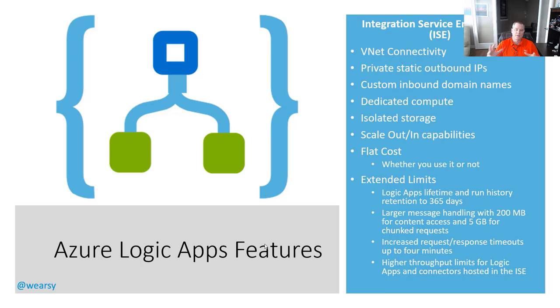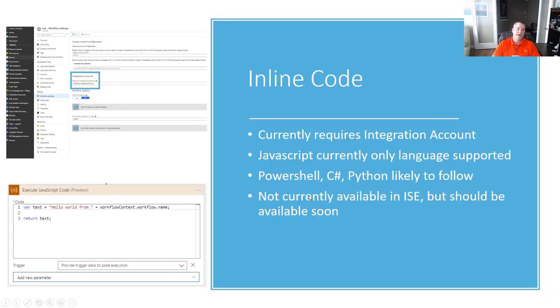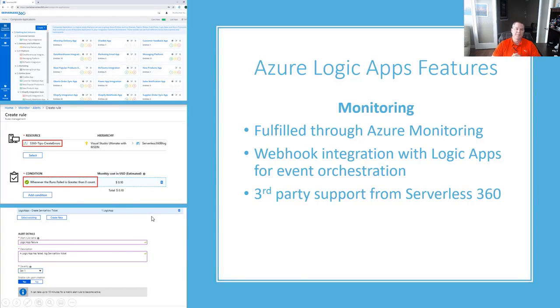In addition, you get some larger messages, you get a longer timeout for request-response scenarios, and then in general, higher throughput for connectors because you're not really bound by some of the throttling that we see inside of Power Automate. In addition, inside of Logic Apps, you do get inline code where you can write JavaScript snippets that help you perform some of that string manipulation that we talked about before.